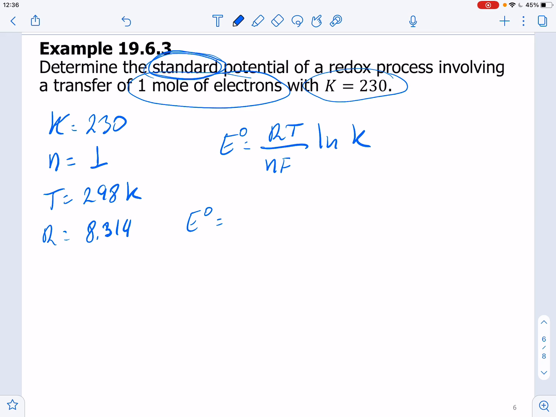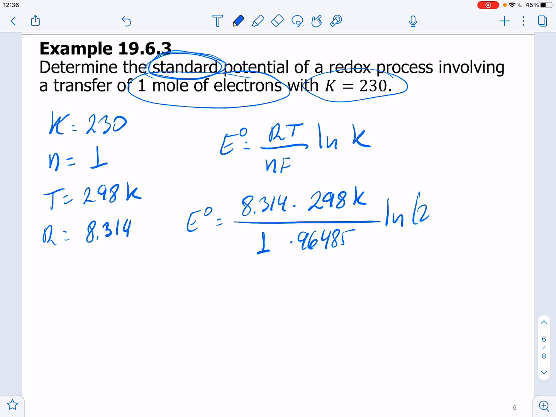So that standard potential is going to be equal to our gas constant, 8.314, times the temperature, 298 Kelvin, divided by the number of moles of electrons, which is 1, times the Faraday constant, 96,485, multiplied by the logarithm of K, which is 230. We end up with a potential for that redox process. What the redox process is, again, doesn't really matter, but we obtain plus 0.14 volts.